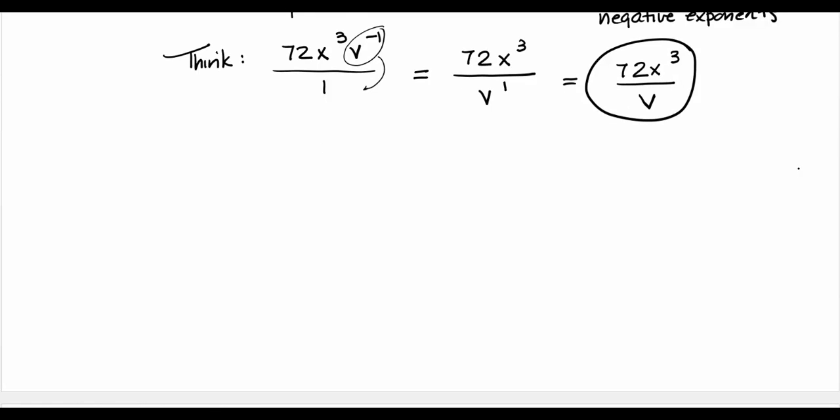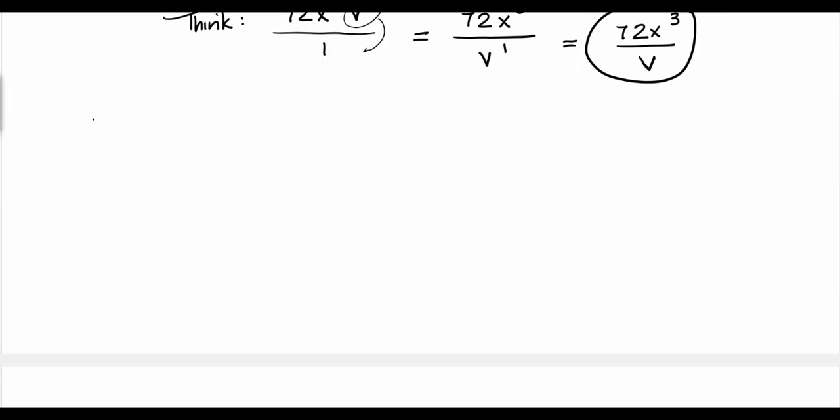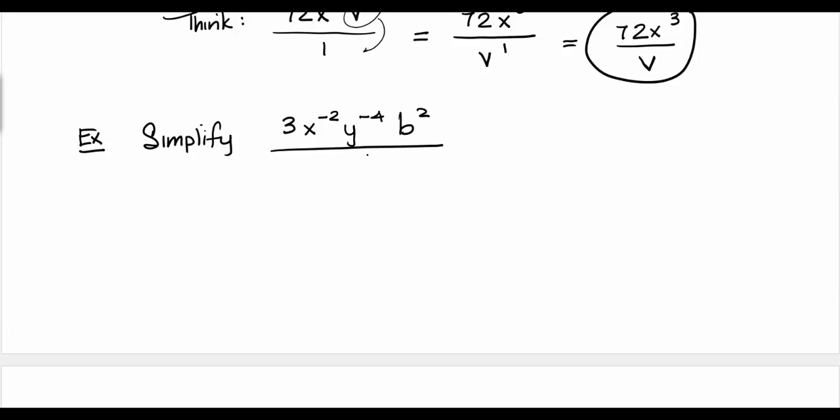So let's try another one. Here I'm going to simplify 3 x to the negative 2, y to the negative 4, b squared, all over z to the negative 5th, a to the 7th.